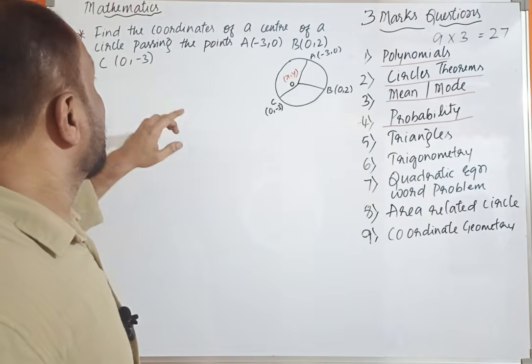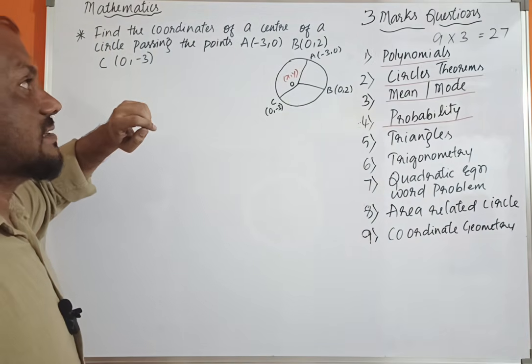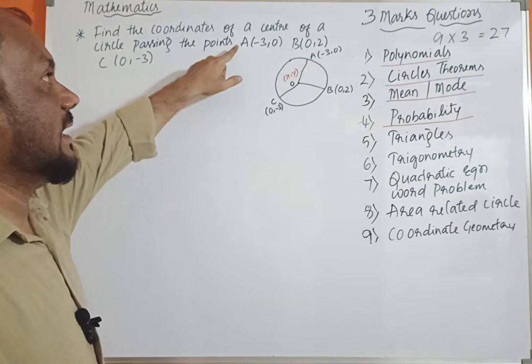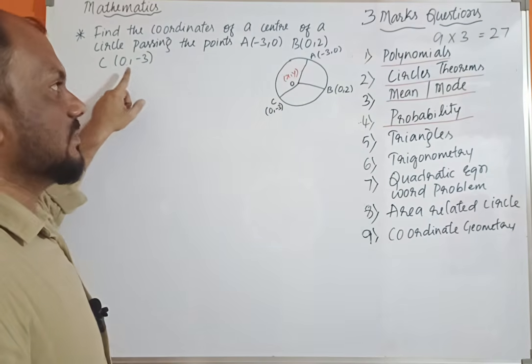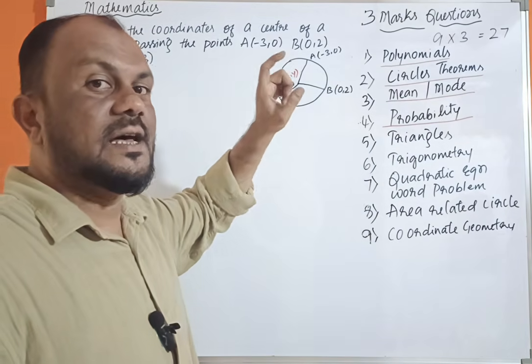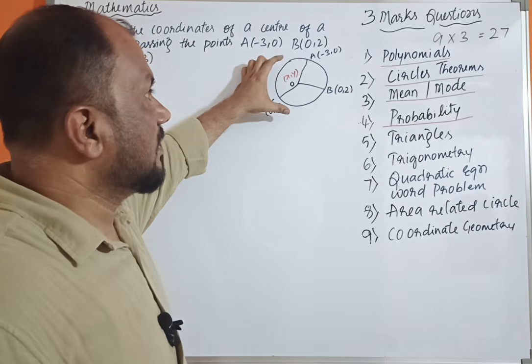So here the question says find the coordinates of the center of a circle passing through the points A, B and C. The circle is passing through the points A, B and C. It means that the points are on the circle. So I have drawn a small circle.